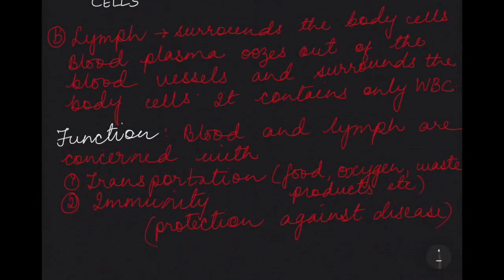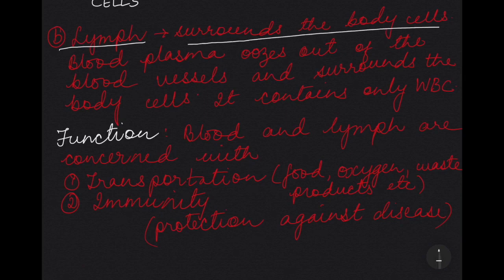So next we come to lymph. Lymph is also fluid connective tissue. It surrounds the body cells. Now, what is actually lymph? Lymph is nothing but the liquid part of blood. Remember, the liquid part of blood is known as plasma.